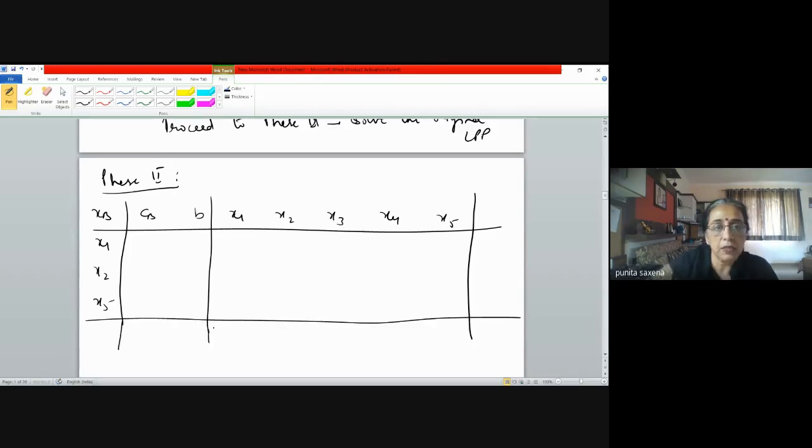The coefficients in the standard form of the problem were what? -5, -8, 0, 0, 0. Am I right? And your values here will also be -5, -8, 0. Now the rest of the entries in the table we have to copy from the last table of phase 1.